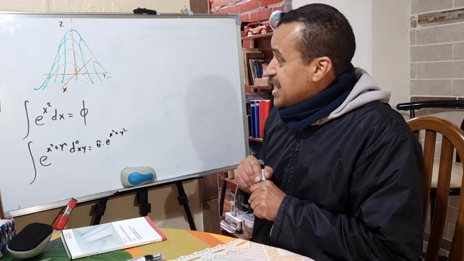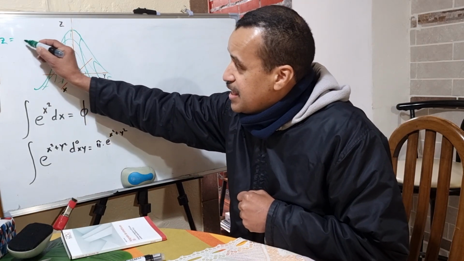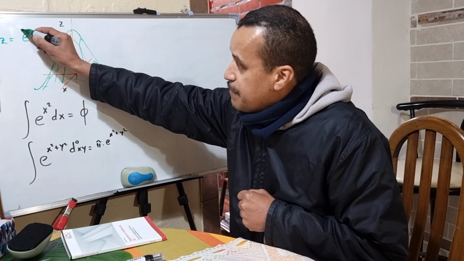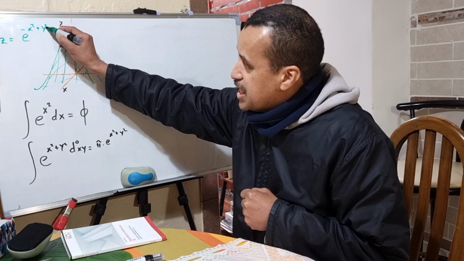And we used this result to calculate the volume under the surface of the Gauss bell, which is z equal to e to minus s squared plus y squared.